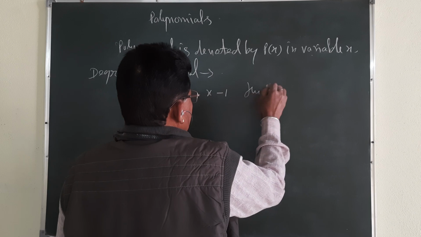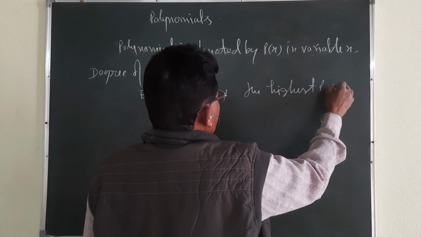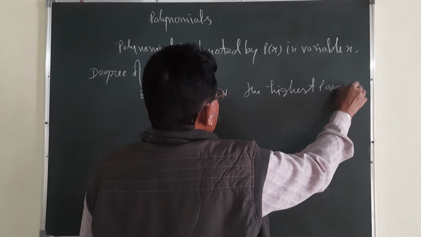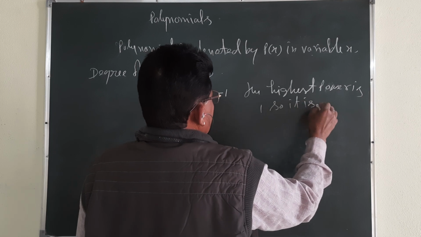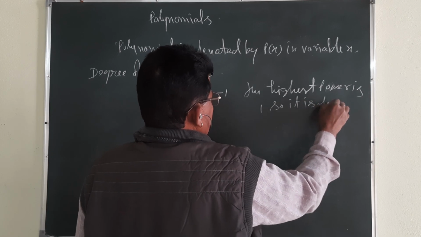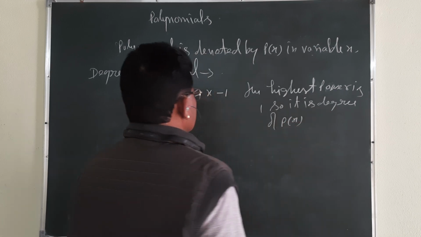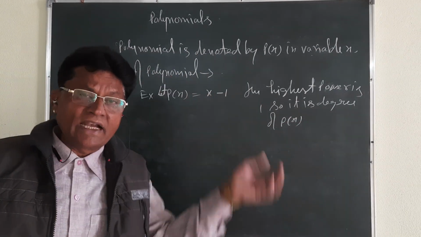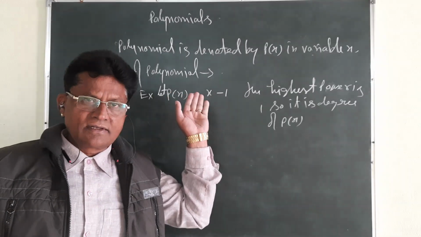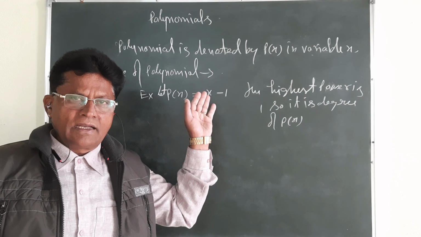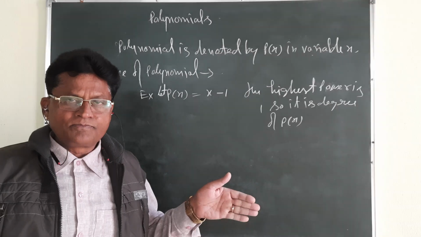See the highest power is 1, so it is the degree of p(x). Similarly, you can take other examples and you will have to check the power of x. And that highest power you take only, not the lowest power. I will discuss some more examples.